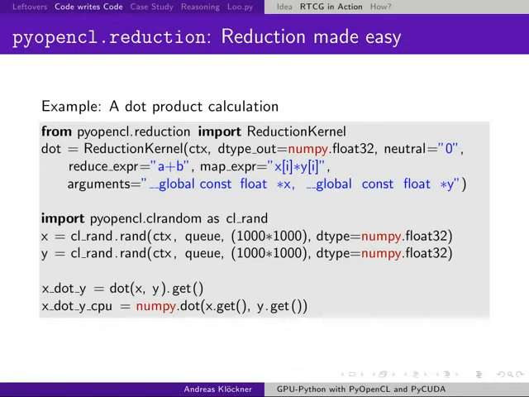You have to specify a neutral element, then a reduce expression, which in this case is a sum, and this is specified in terms of just two abstract things, a and b, and a map expression, which in this case is taking one entry of one array x here and one entry of an array y here. You multiply those two, and you sum the outputs of these two.